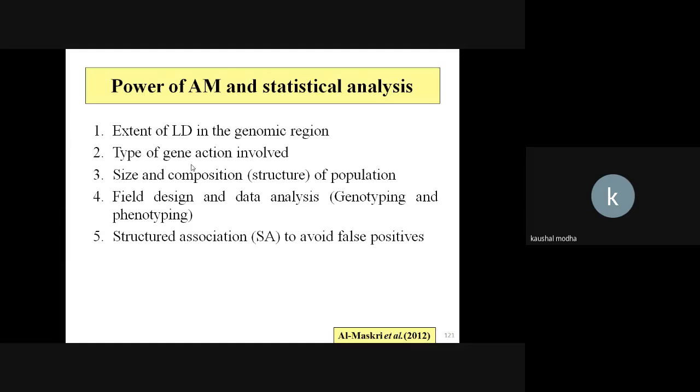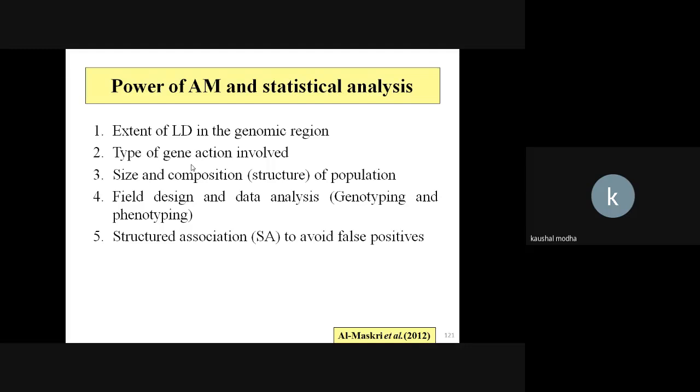See, nowadays in this era of NGS and genotyping by sequencing, genotyping is not difficult. It's very easy and accurate. But phenotyping is generally not accurate. Phenotyping has never been that accurate. So one must focus on accurate phenotyping.